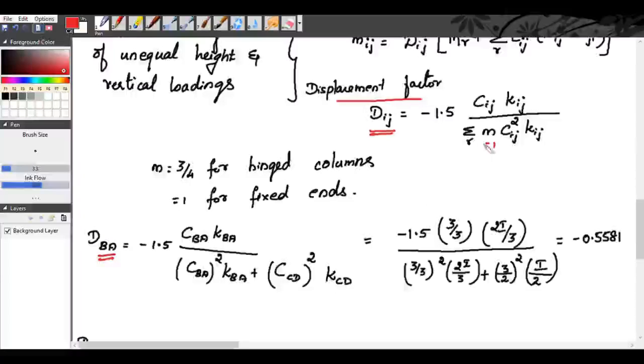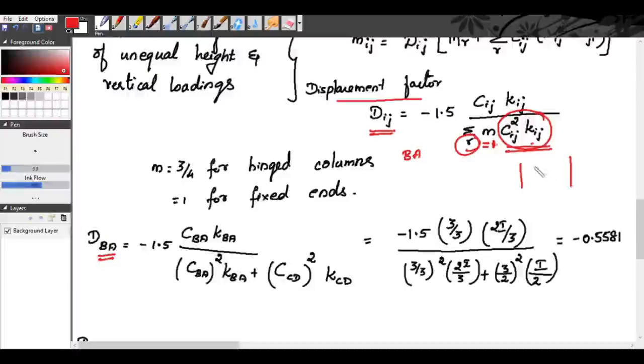Now sigma R Cij square Kij means we have two columns, right? So it is for the first column, that is for the column BA, this is equal to CBA square KBA plus CCD square KCD. So that is equal to minus 1.5. See, this is for the first story. R means for the first story.